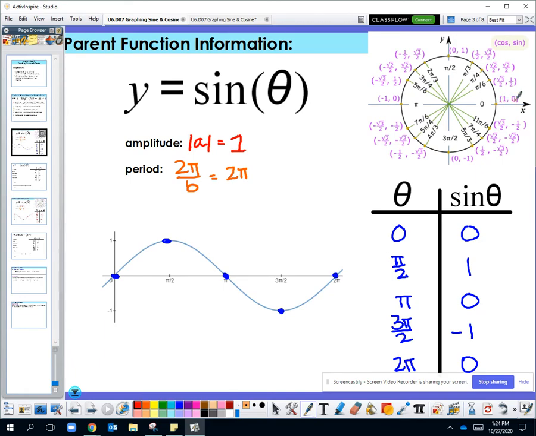So looking at the y values of the coordinates, or the sine values of those coordinates, we would have 0, 1, 0, -1, and back to 0. So that's how I get this parent function table. And then I can graph that accordingly along my x-axis. I'm labeling 0, pi over 2, pi, 3 pi over 2, and 2 pi. My height, the max would be 1, depth, the min is -1, plotting those points.